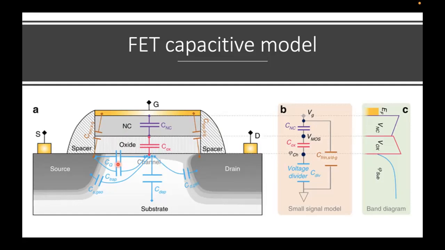Actually, not all these capacitances contribute equally to the device. Most likely, the oxide capacitance and the depletion capacitance are the most significant capacitances in our device. However, in order to make a general model for the capacitance inside our device, you can refer to this graph here. We have the non-conducting capacitance, the oxide capacitance, and then we sum all these capacitances into one capacitance.